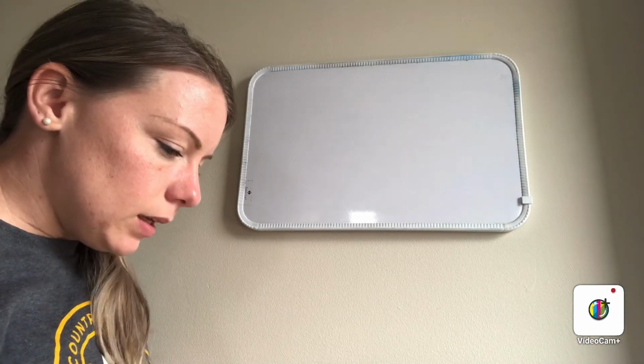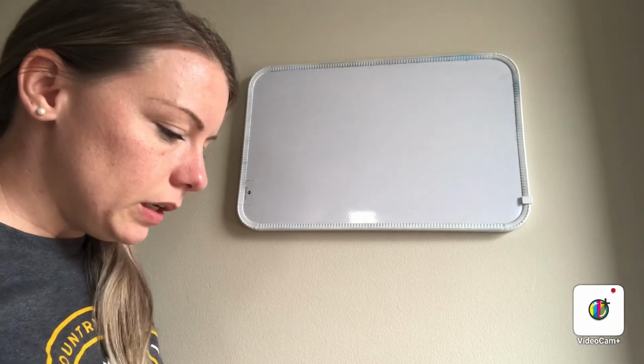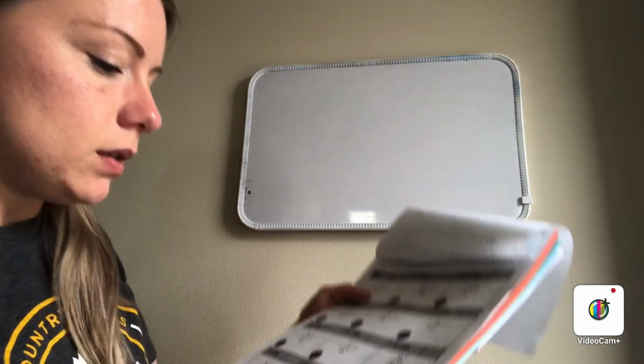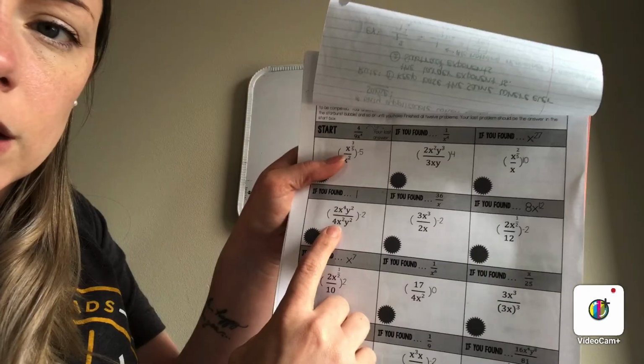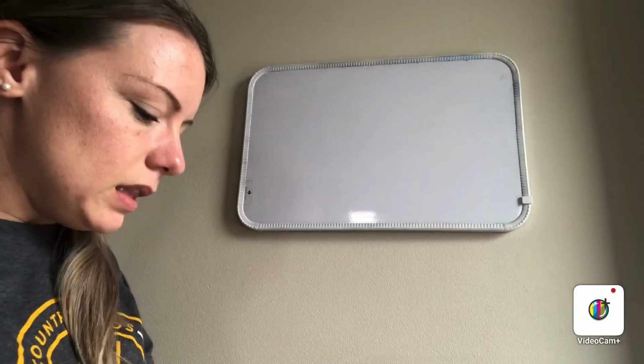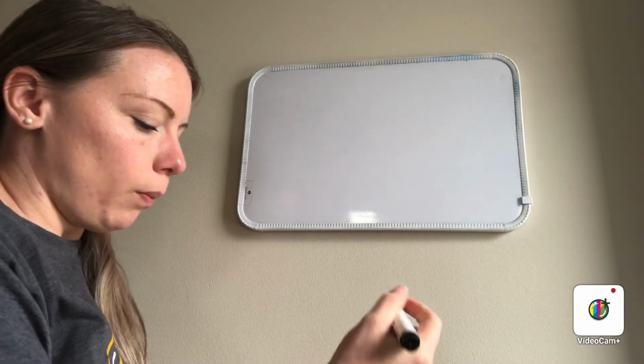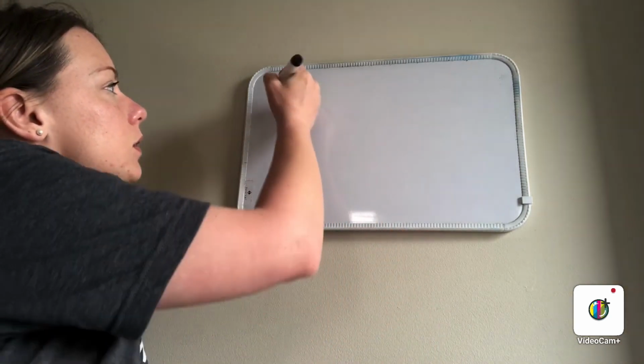So let's look. I know you don't have these numbered, but let's look at this problem right here, because this gets way down into multiple properties.